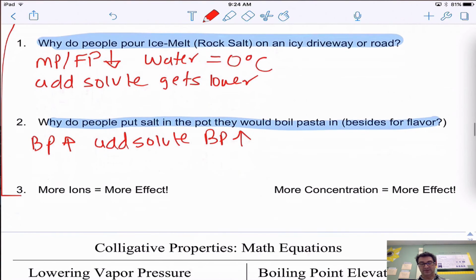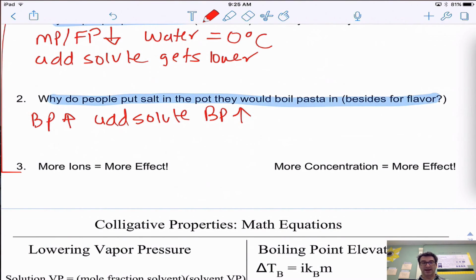Now, qualitatively speaking, and again, we're going to do the math in the next video, the more ions that you form, the more effect that you get. For example, if I take 1 molar NaCl and dissolve it, that NaCl breaks up into 2 ions in the water. These 2 ions both act to lower the melting point and raise the boiling point. Essentially, you're getting 2 for 1.